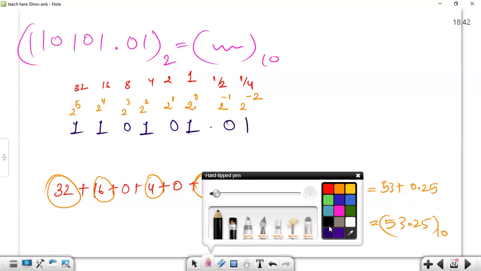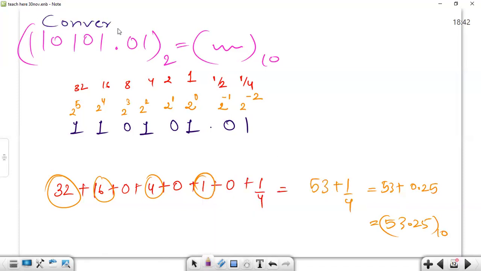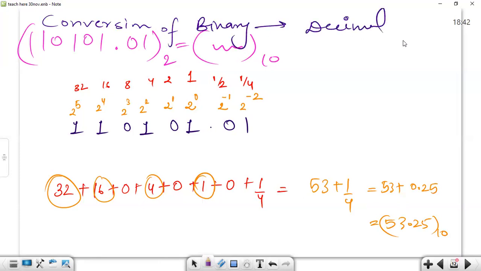This is what we are discussing right now, conversion of binary number to decimal. Clear? So this is all the chapter is. Any doubts, anyone?